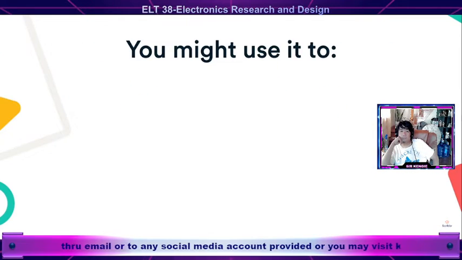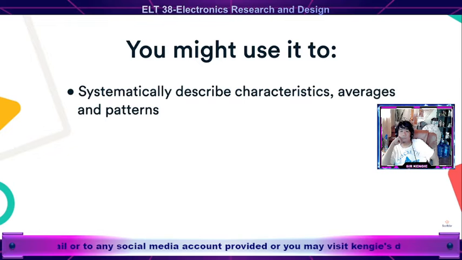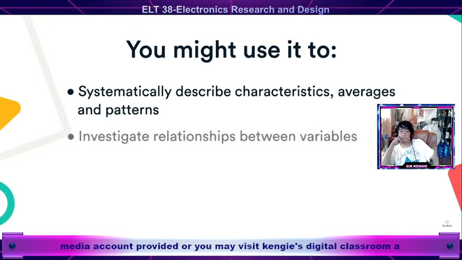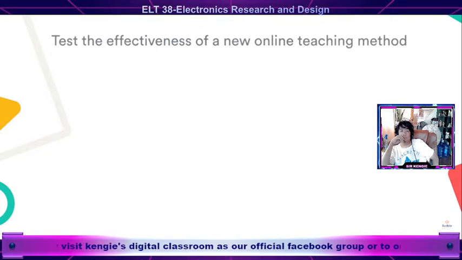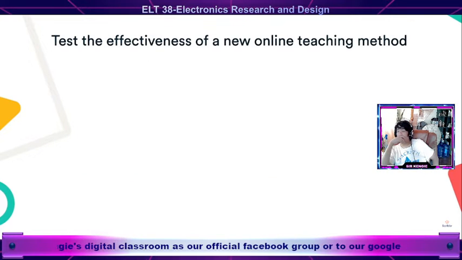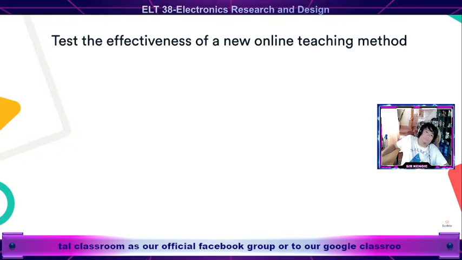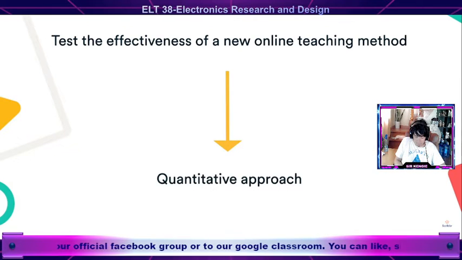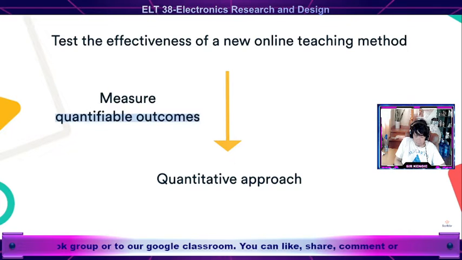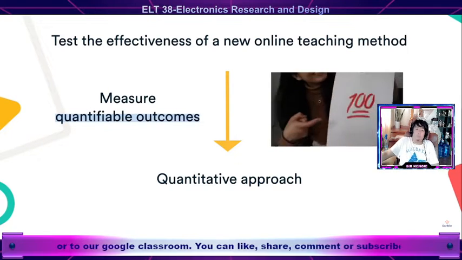You might use it to systematically describe characteristics, averages, and patterns, investigate relationships between variables, or test the effectiveness of a treatment, program, or product. For example, if your aim is to test the effectiveness of a new online teaching method, a quantitative approach is most suitable because it allows you to measure quantifiable learning outcomes like grades and test scores.